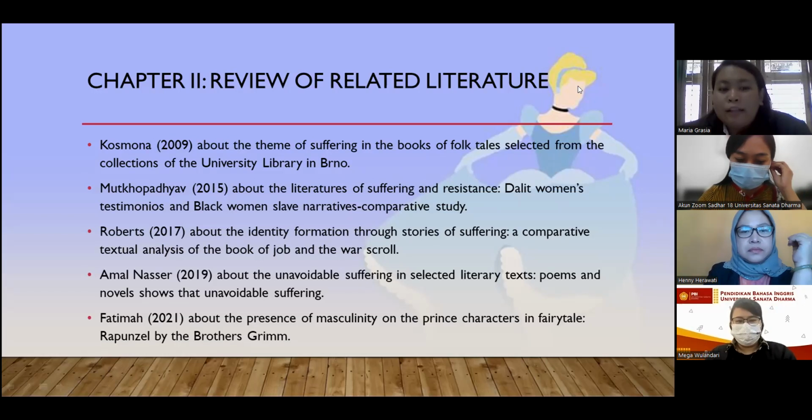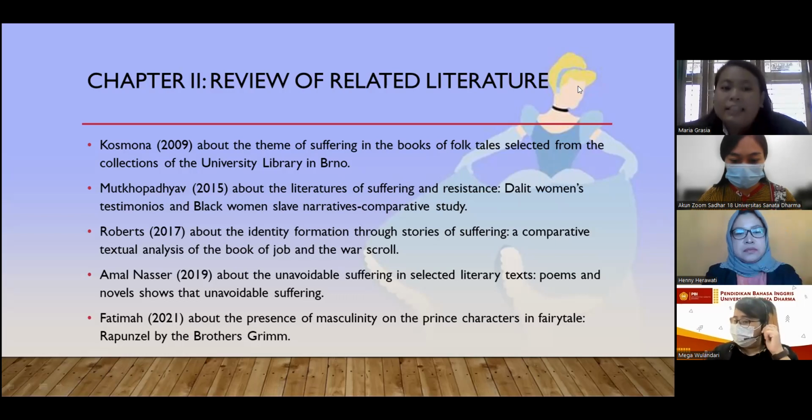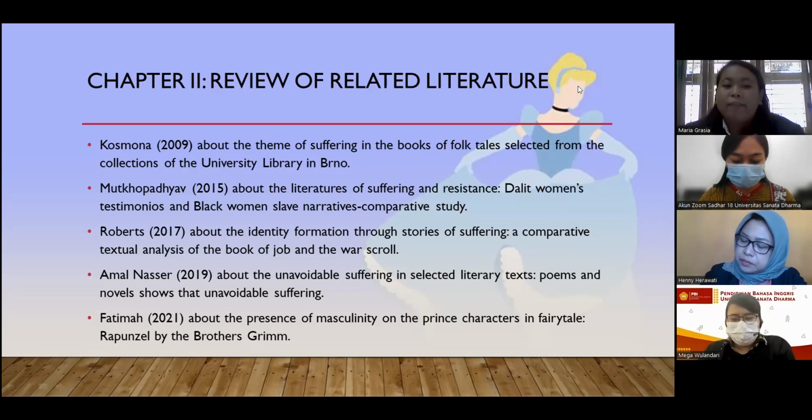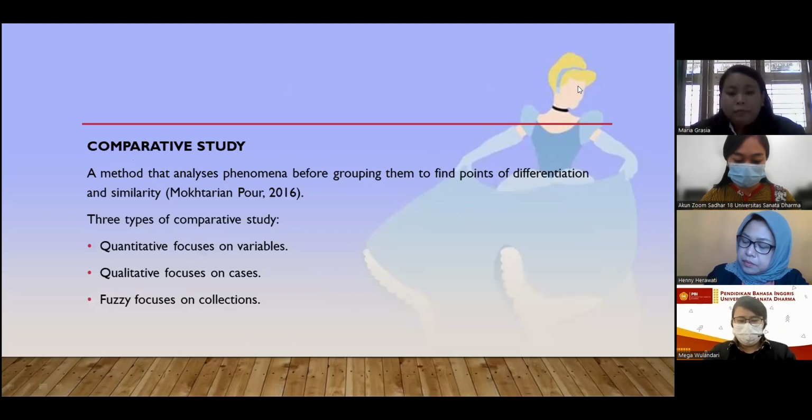Next, Robert 2017, about identity formation through stories of suffering, a comparative textual analysis of the books of Job and the World Scroll. And next, Amal Nasser 2019, about unavoidable suffering in selected literary texts, poems, and novels. And the last one, Fatima 2020, about the presence of masculinity in the prince character in the fairy tale Rapunzel by the Brothers Grimm, a comparative study.